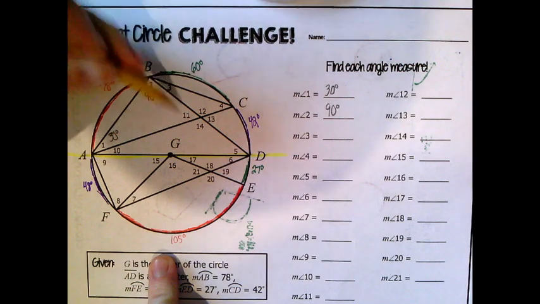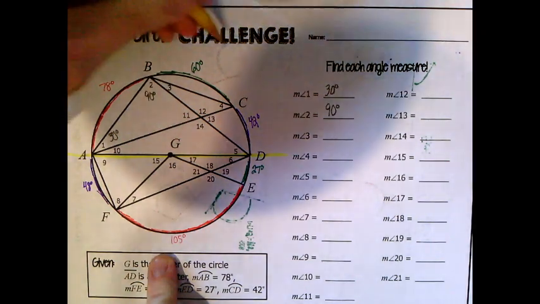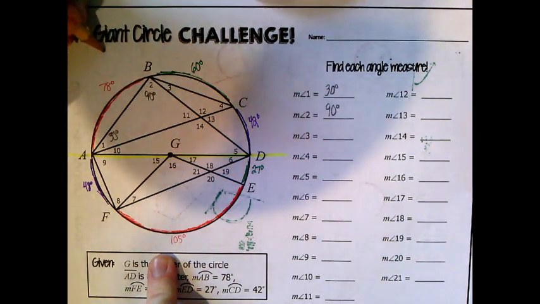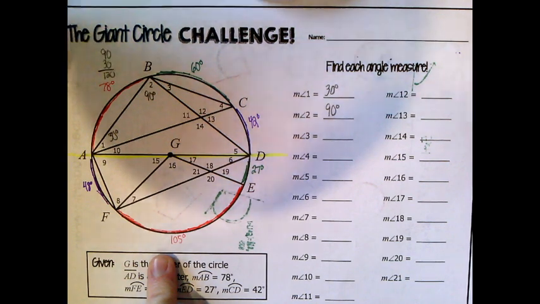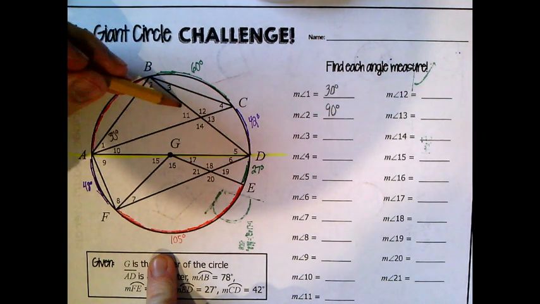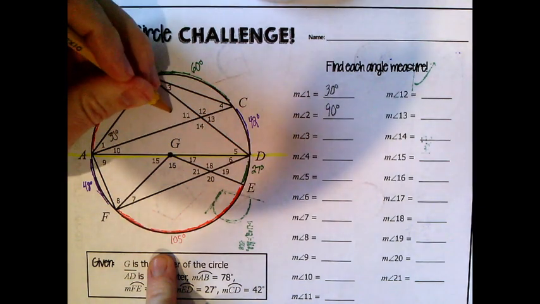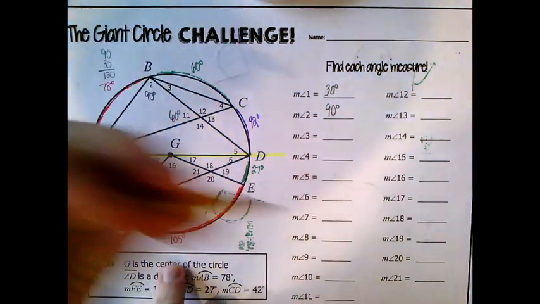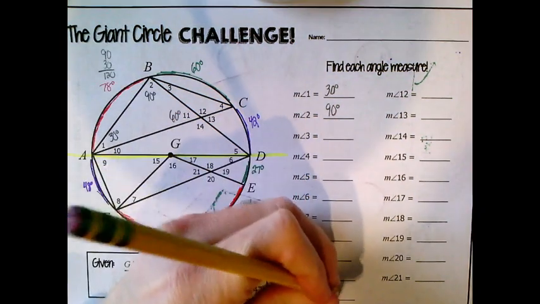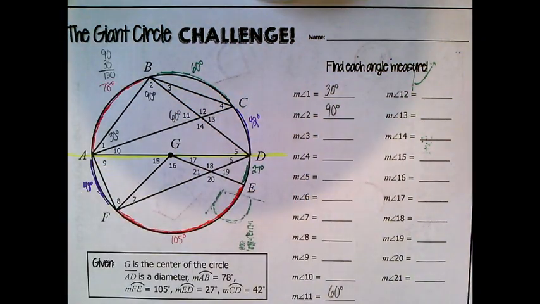Yeah, I heard you say it, 180. So over here, 90 and 30 is 120. If I subtract that from 180, that's 60. So that means angle 11 is 60 degrees. So I can go down here. Angle 11 is 60 degrees.